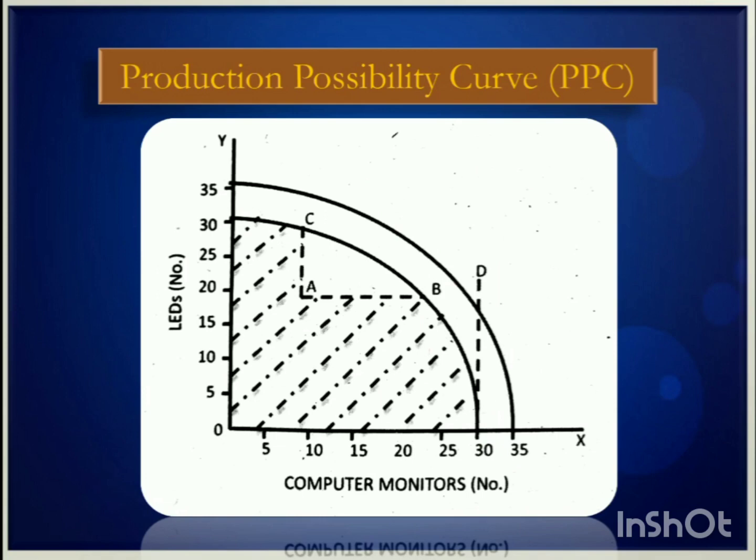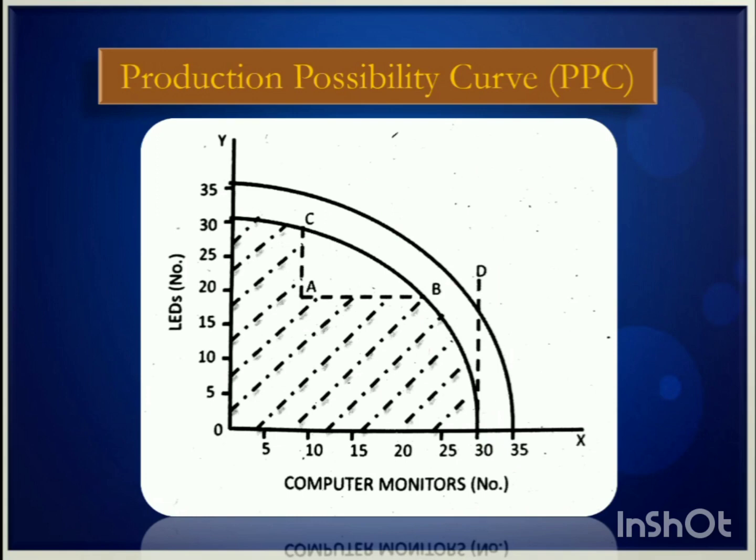For example, combinations represented by points A, B, and C are feasible, as these lie either on the PPC or in the shaded area. But the combination represented by A is feasible but not efficient. Combination represented by points B and C are both feasible and efficient. If it produces at point A, it is not utilizing some of its productive resources and let them go waste.